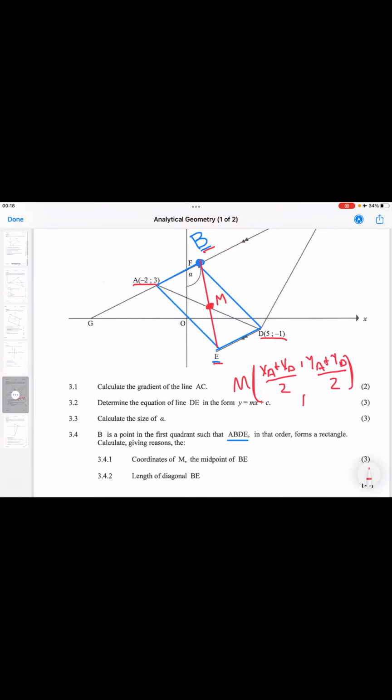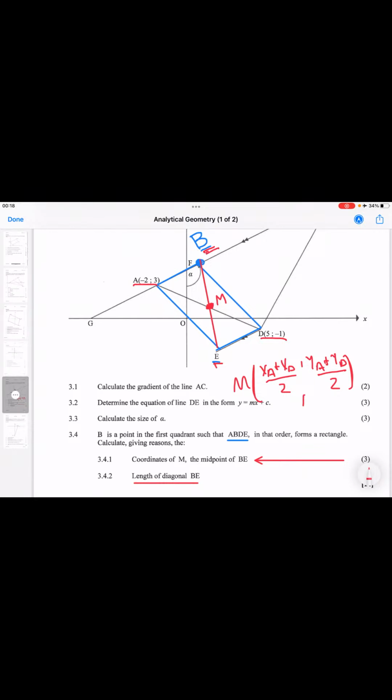The answer that you get, that's how you would have answered this question. So now they're saying calculate, giving reasons, the length of diagonal BE. Again, they are referring to that BE.